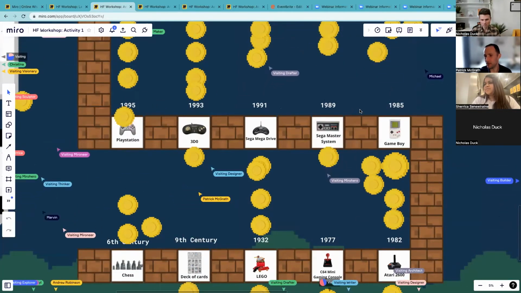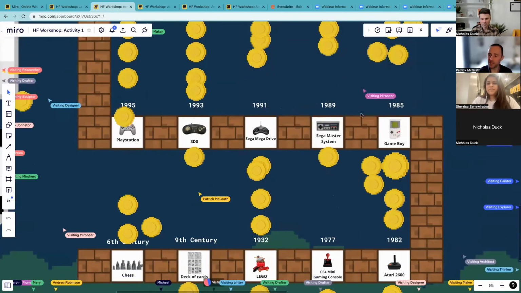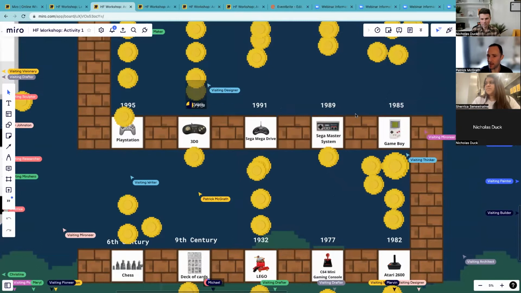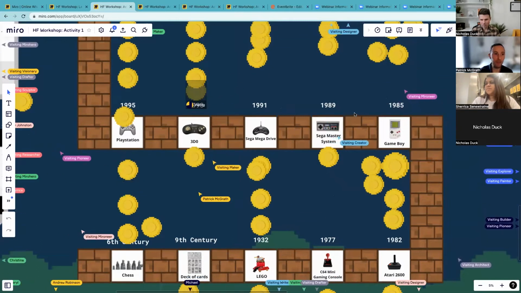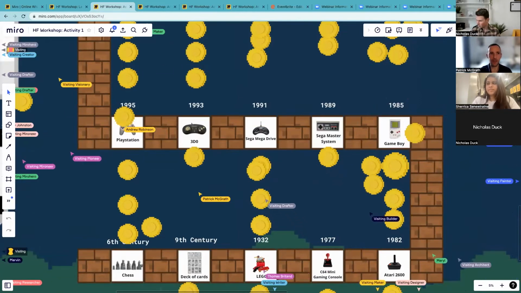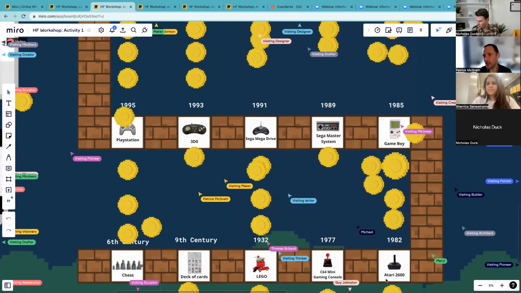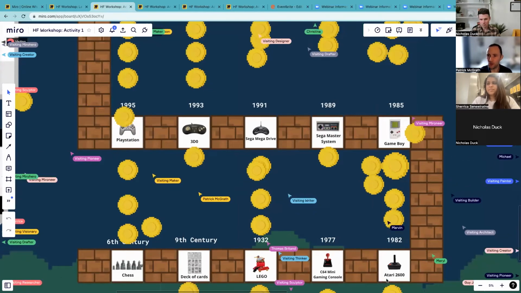Your task is to identify the ones that are misplaced, placed in the wrong year. Some of them are out of order, not all of them are. You indicate your choices by moving a coin next to those that you believe are incorrect.